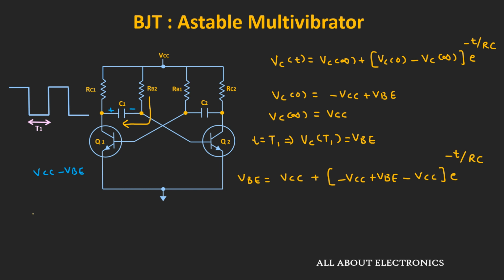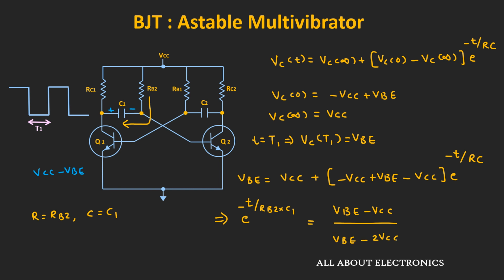Now here the value of R is equal to RB2 while the capacitor C is equal to C1. So if we further rearrange this expression, then e to the power of minus t divided by RB2 times C1 is equal to voltage VBE minus Vcc divided by voltage VBE minus 2 Vcc.